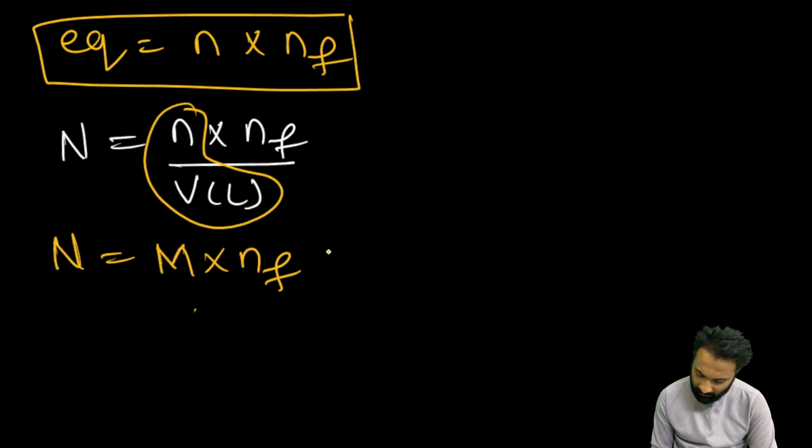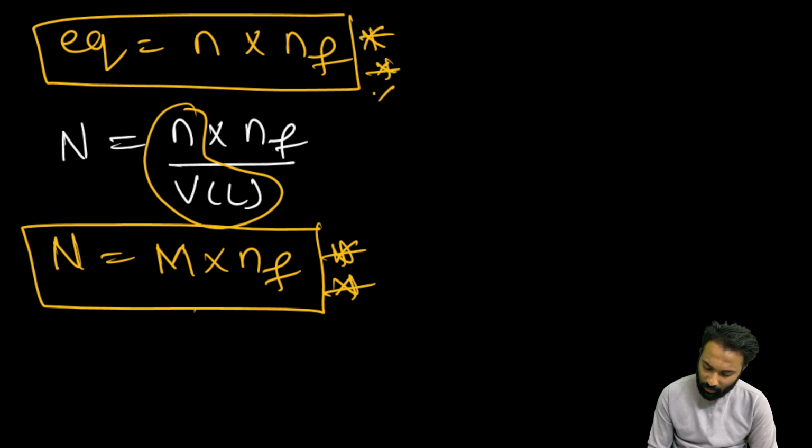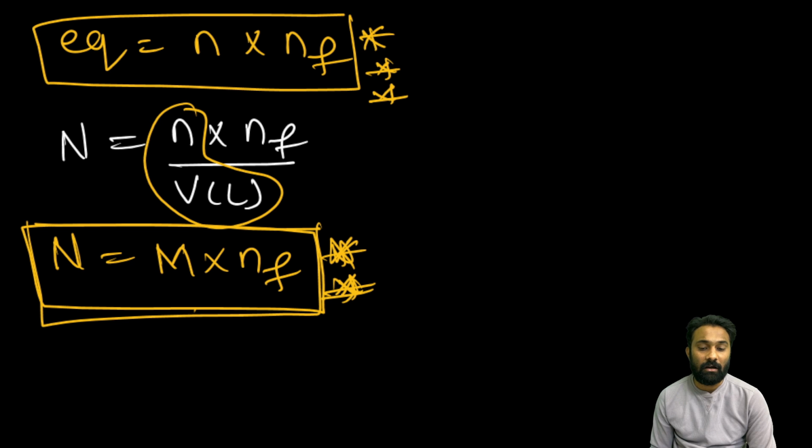And there is one very important relation that we are having. Equivalence is equal to number of moles into n factor. Normality is equal to molarity into n factor. This relation will play a very, very important role in identifying the solutions questions.